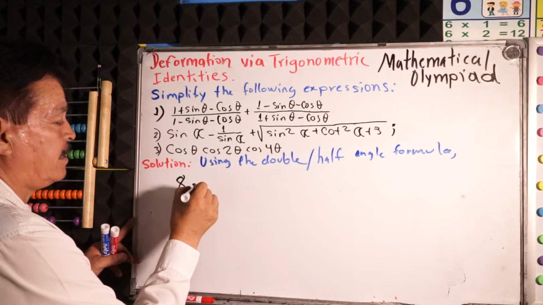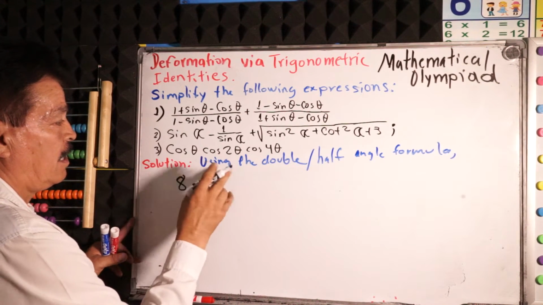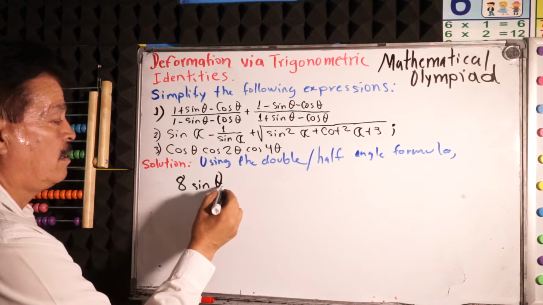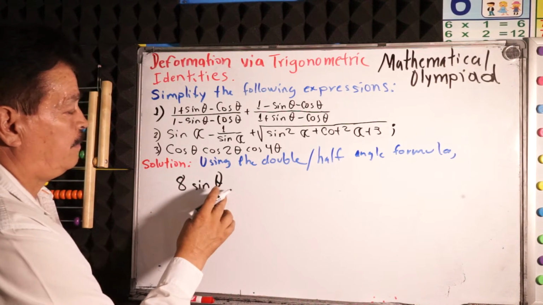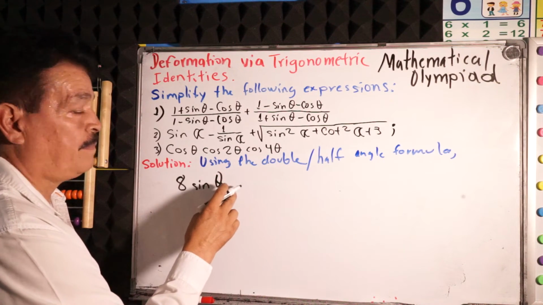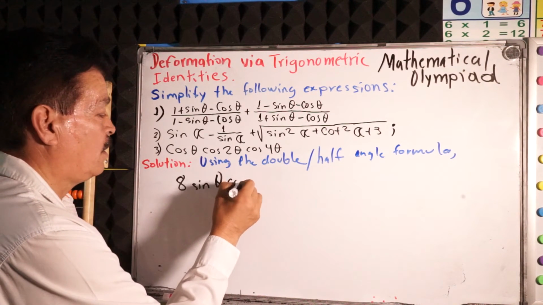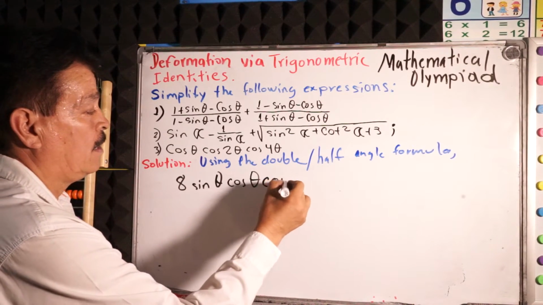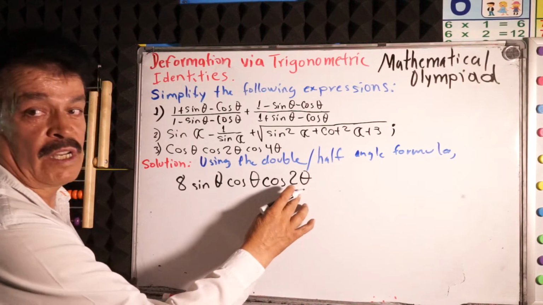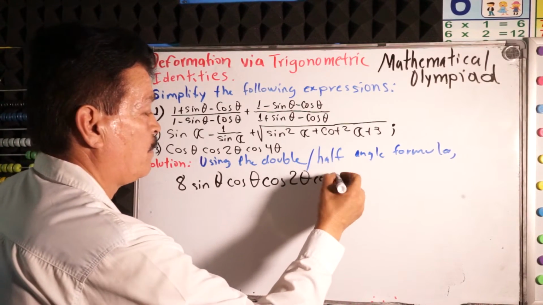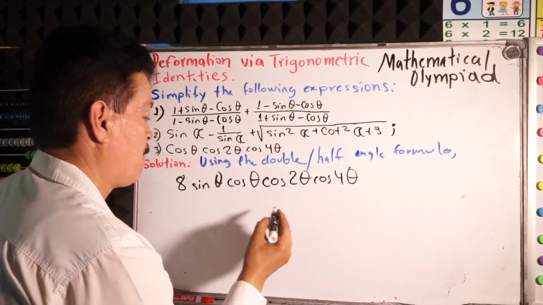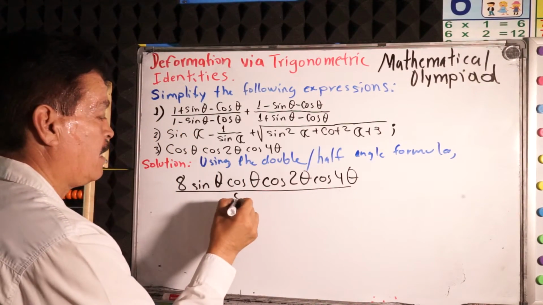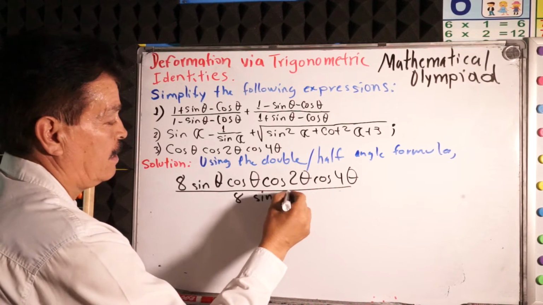First is 8 sin, yeah, we talked about 8 sin here, cos of our angle, then cos 2 angle, and then cos 4 angle, divided by 8 sin of the angle.